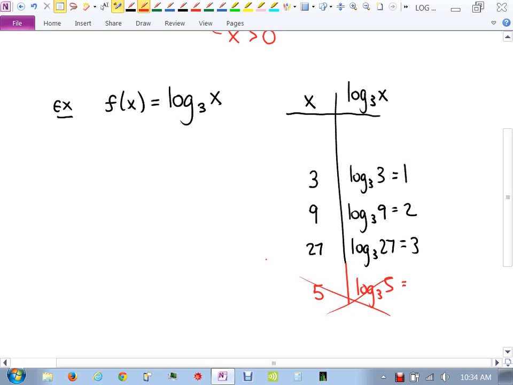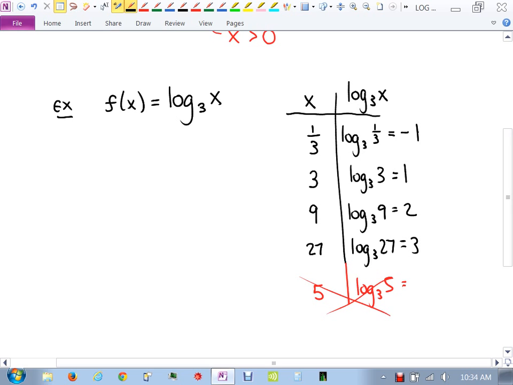Can I plug in some fractions? How about 1/3? What's log base 3 of 1/3? Come on, we just did this for log base 2. Log base 2 of 1/2 was -1. Log base 3 of 1/3 is also -1.